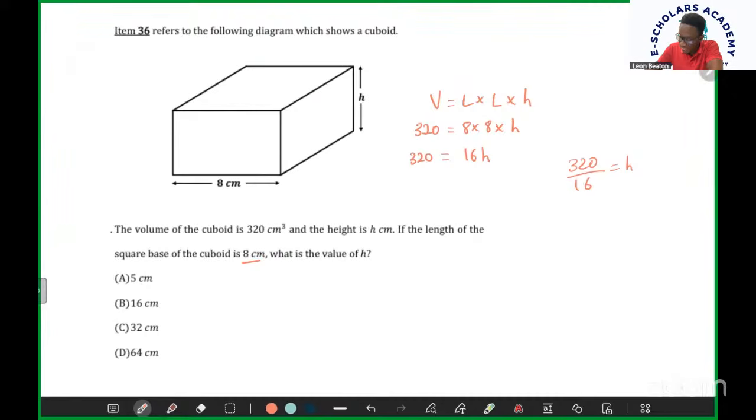Let me see, 16 divided by 2 is 8. Hold on, I did something wrong.